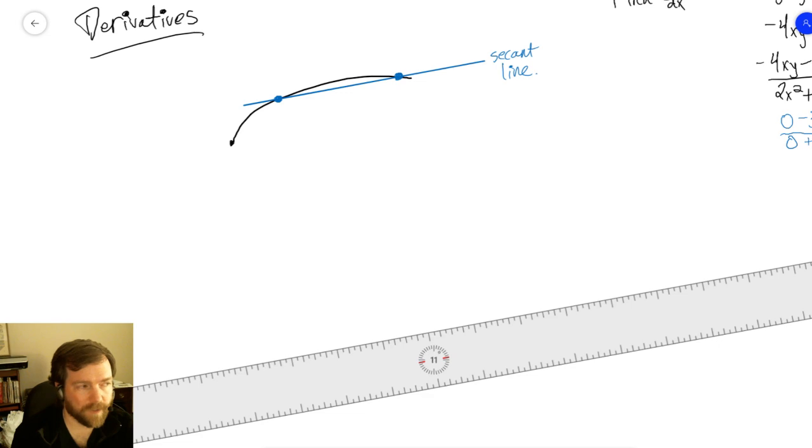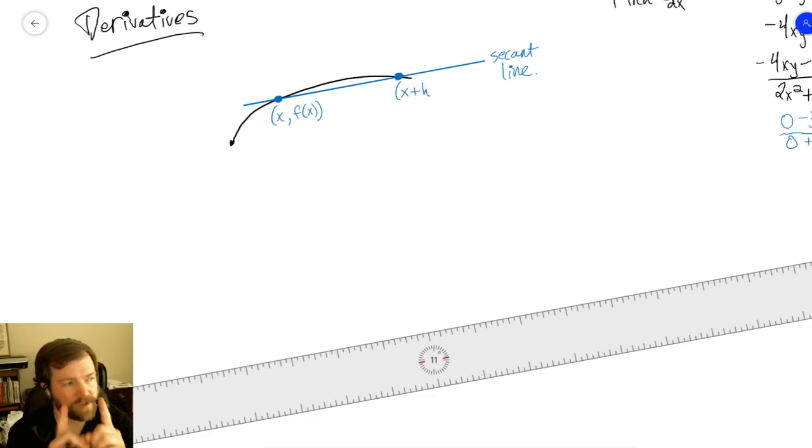Or, slightly more convenient, we can call this one x and f of x. And this one over here could be called x plus h. So some distance, h, that's being added to the x value, comma, f at x plus h.